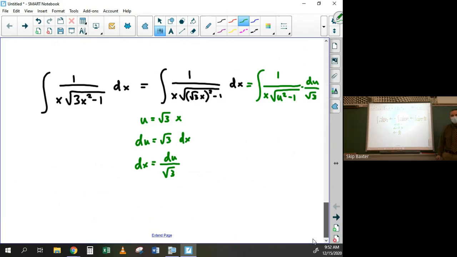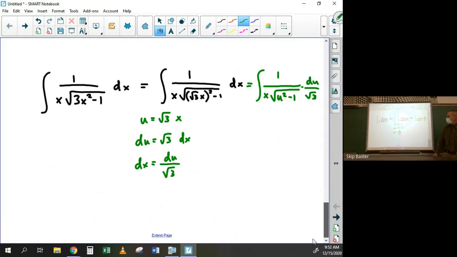Would it be helpful to get one of the x's on top? In order for there to be any possibility of anything canceling, you would need an x on top of one and an x on the bottom of the other. Multiply it out, and you get radical 3x times the square root of u squared minus 1.